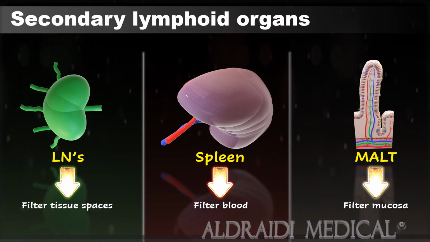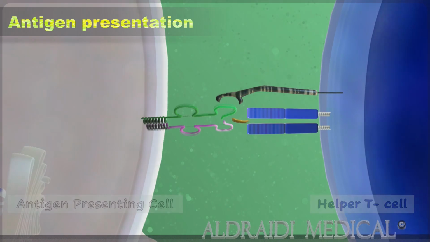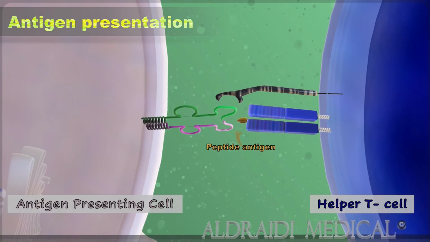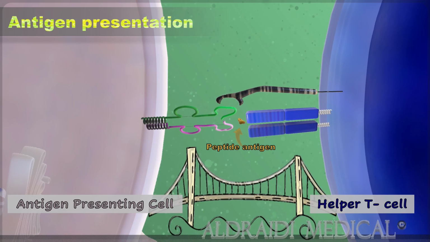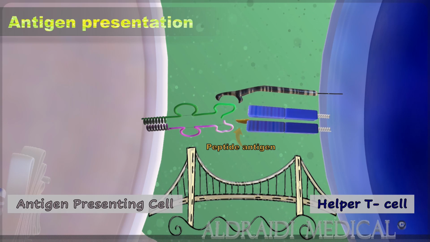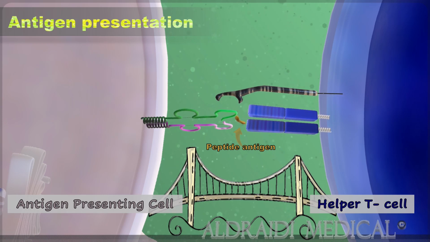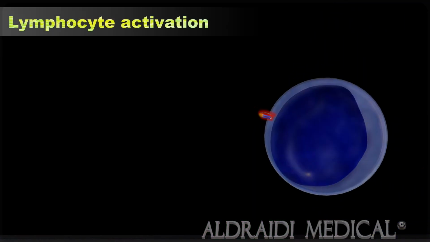And by doing that, they provide sites for lymphocytes to interact with those antigens in a process called antigen presentation. So the secondary lymphoid organs are like a bridge where our innate antigen presenting cells interact with our adaptive T lymphocytes. And once this interaction occurs, these lymphocytes will get activated.